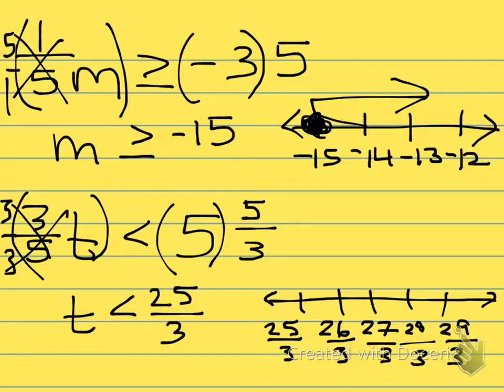And then I would need to put an open circle at 25 over 3 because it does not include our answer and there's no equal to line underneath the symbol. So I leave it open circle and it says less than, so I remember that less than is to the left.